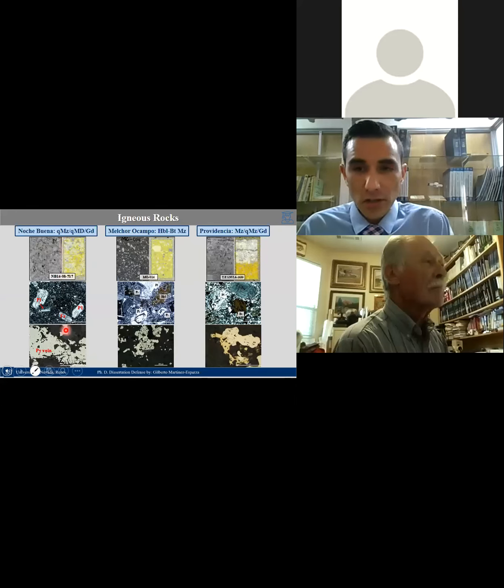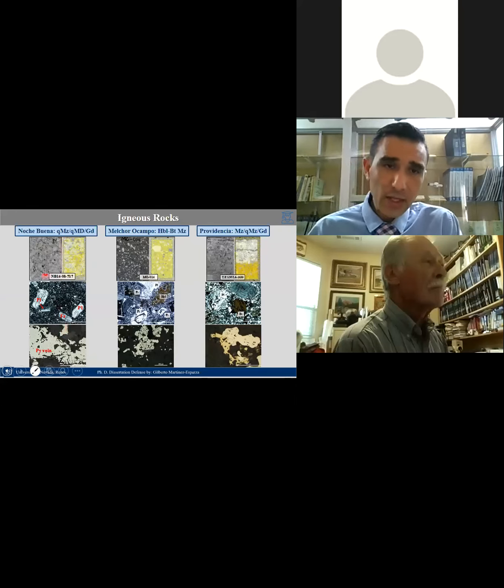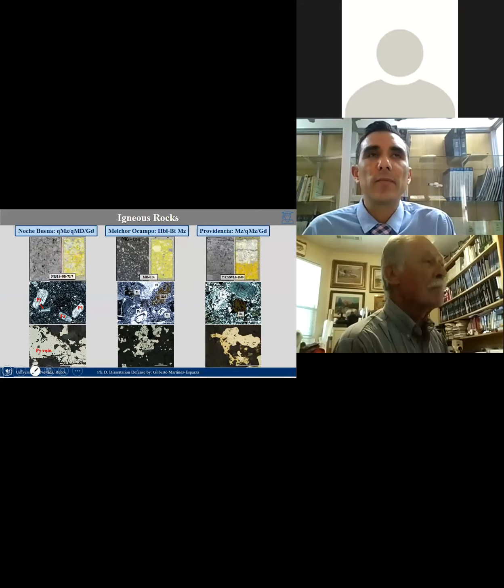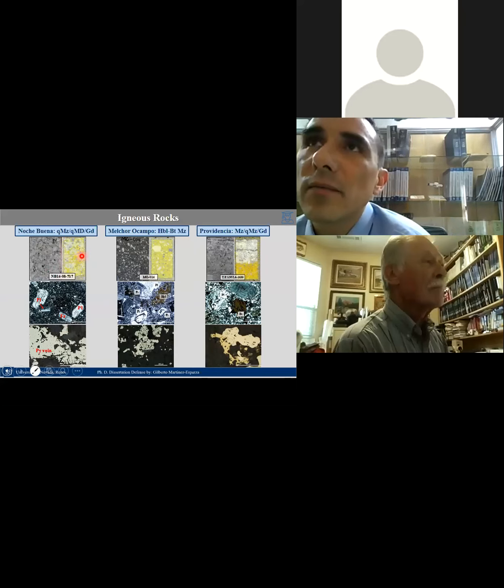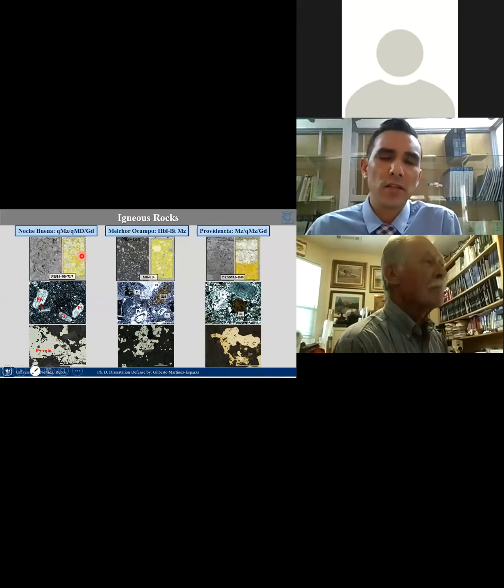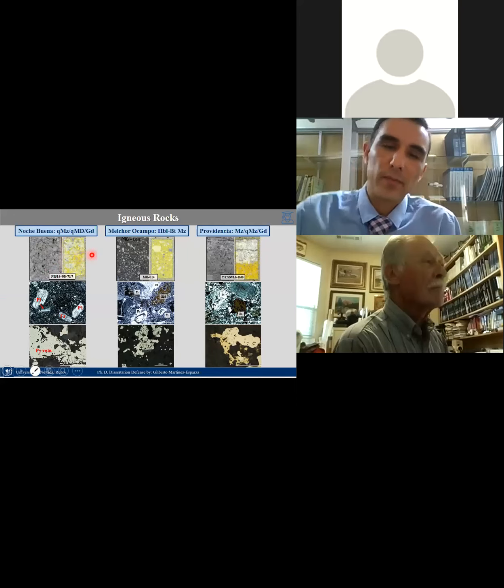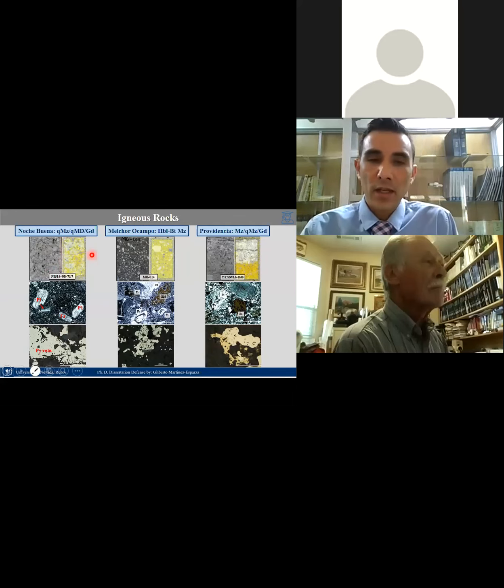All the igneous rocks in the study sites are mostly intermediate in composition. We have commonly quartz monzonite and monzonites in all the localities, but some variations regarding the mineralogical modal content. At Noche Buena, we see quartz monzonite, quartz monzodiorite, and granodiorite, and the copper-gold porphyry type mineralization is related with the monzonite intrusives.